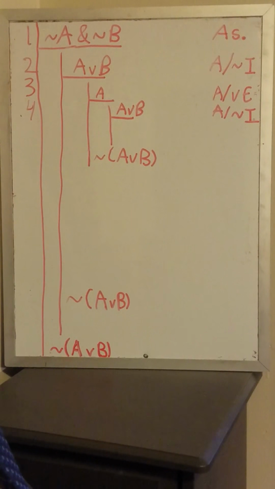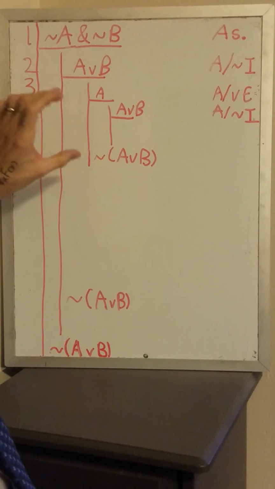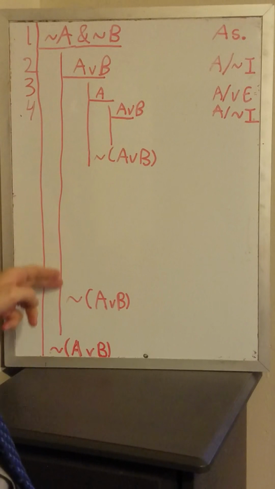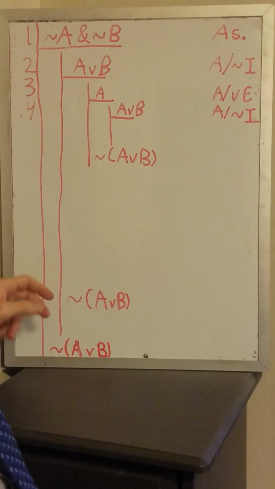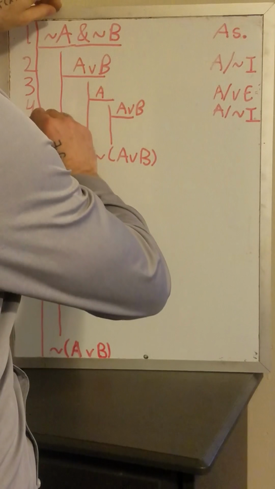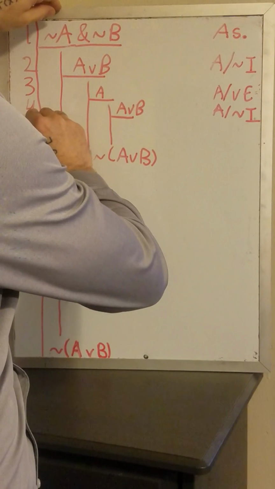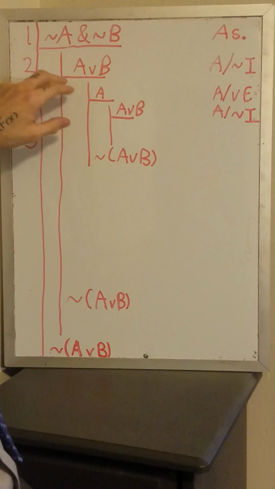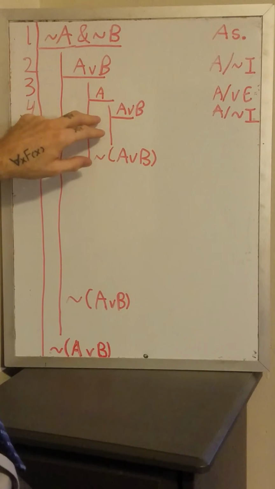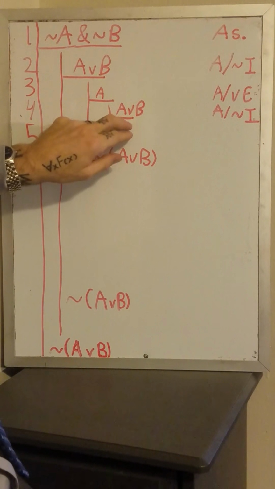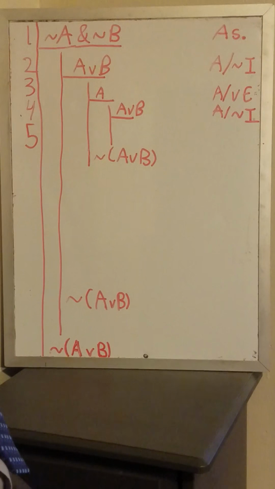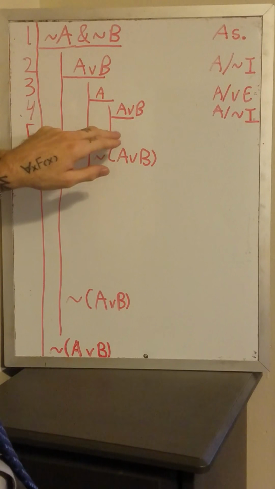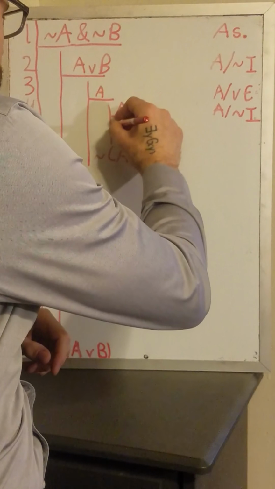Okay, and so in a way our reasoning in here mirrors what we're trying to do in this larger subderivation. Now, we have a contradiction that we can get here in this subderivation. Okay, it's already there for us. We just need to reiterate A in.